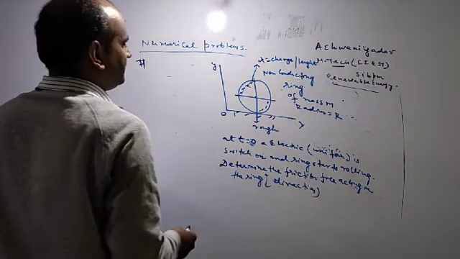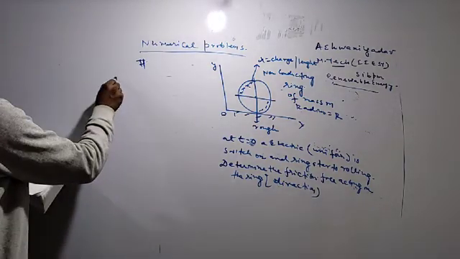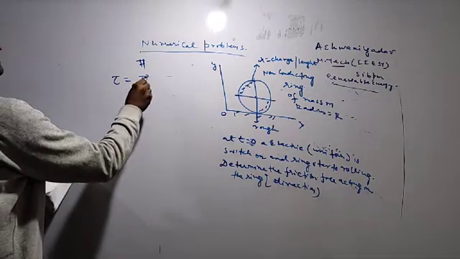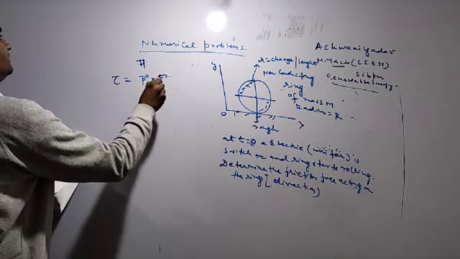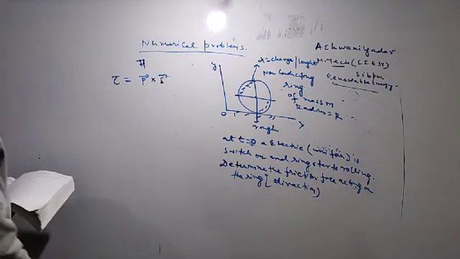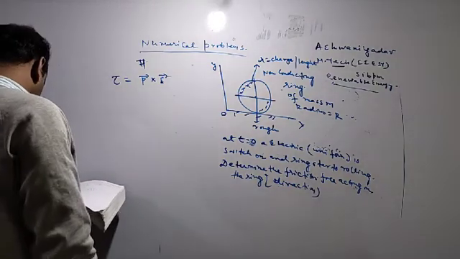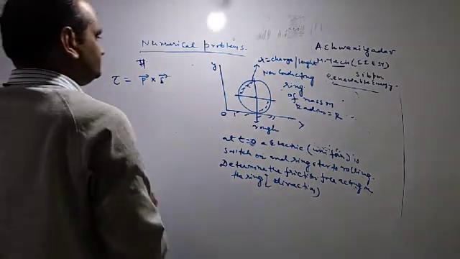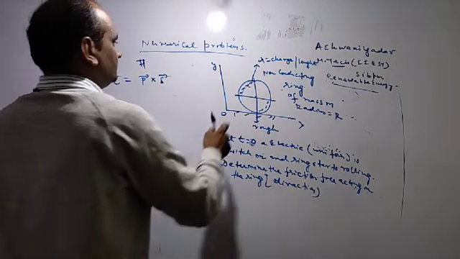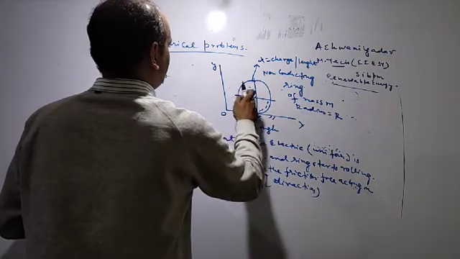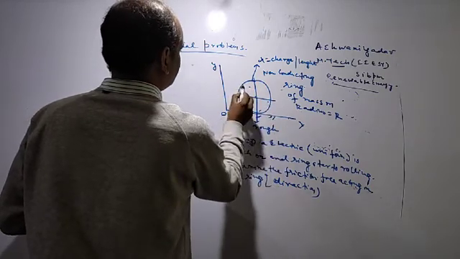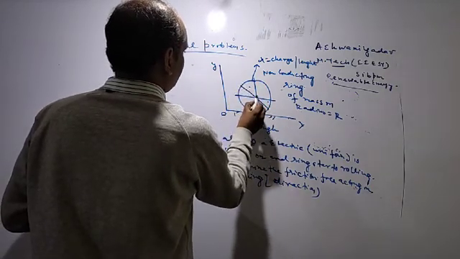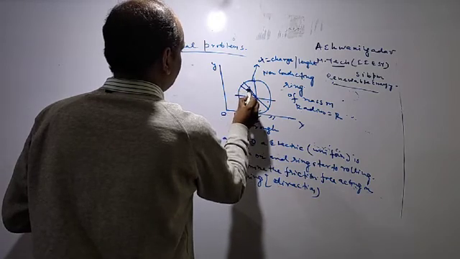Well, torque will act on it, and you can find torque is nothing but P cross E. This is positive charge and this is negative charge, so consider a small angle theta.